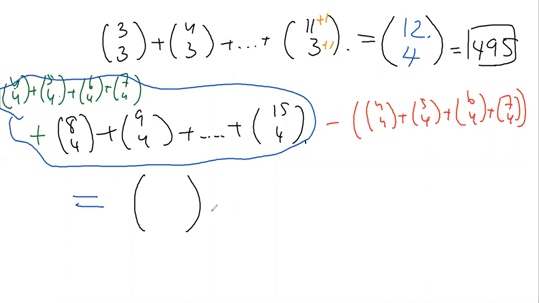Again, remember if you forget. Yes, 16 choose 5. Yep, that's right. If it's a complete hockey stick, it's always going to be the biggest one plus 1 and the lower one plus 1. Don't forget. An easy way to not forget is just to add 1 to each one of those.